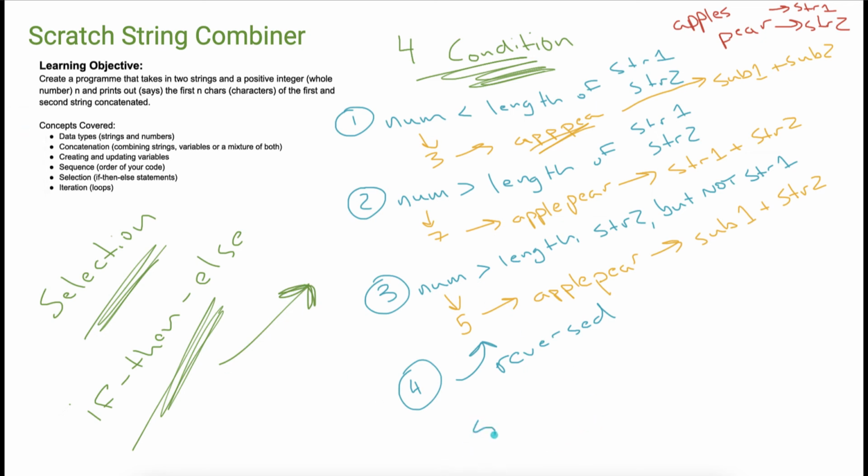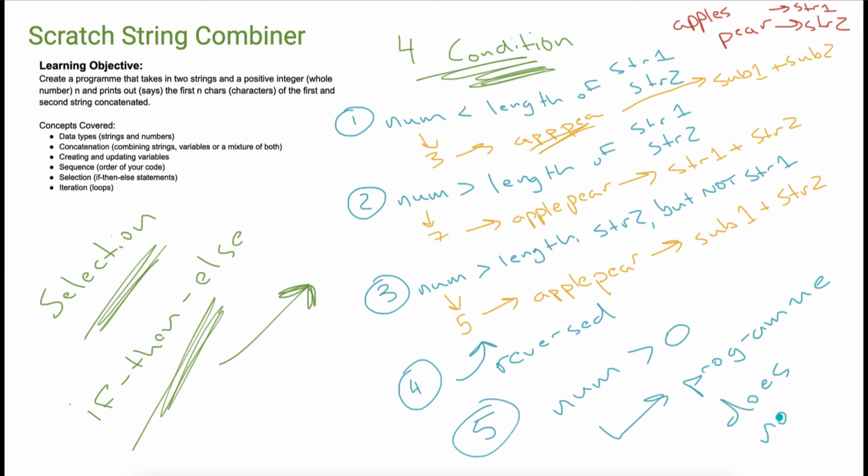We actually need to first make sure that num is greater than 0, because if it's not, the program does not work. So this will probably be our first condition, and then we'll do these other 4. So let's head back over to Scratch and see how we can incorporate these conditions into our code and finish up our program.